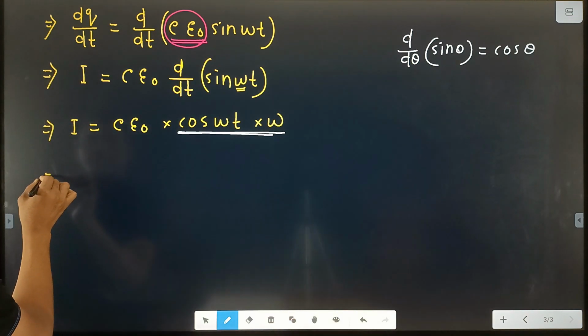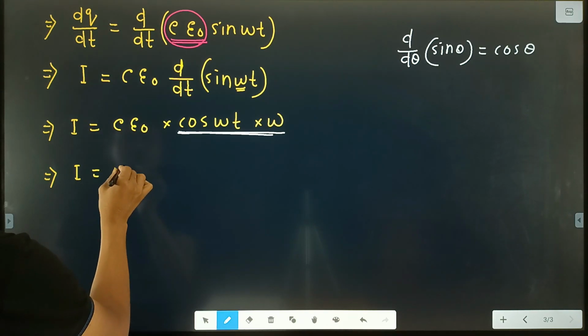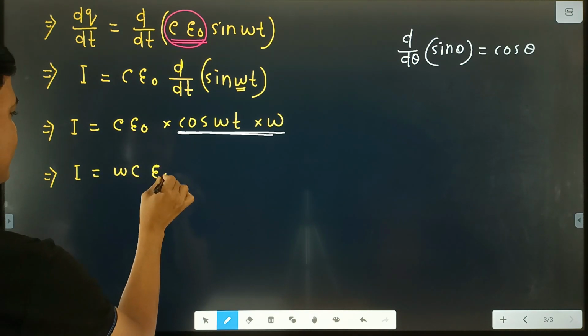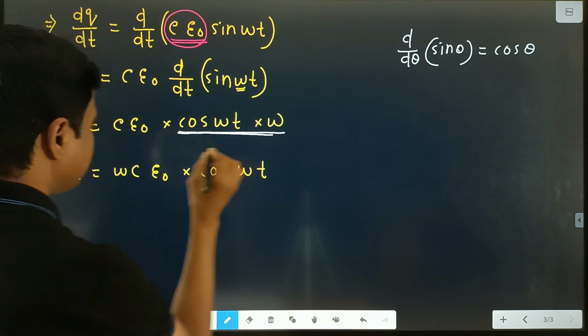So the expression becomes I is equal to omega C multiplied by E0 multiplied by cos omega t.